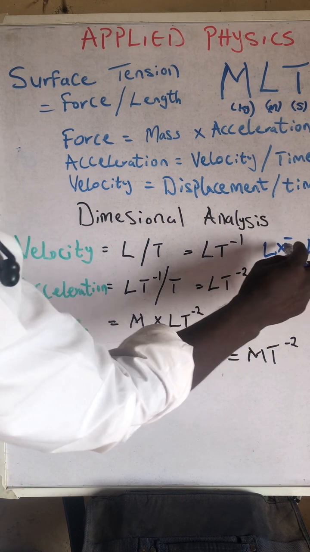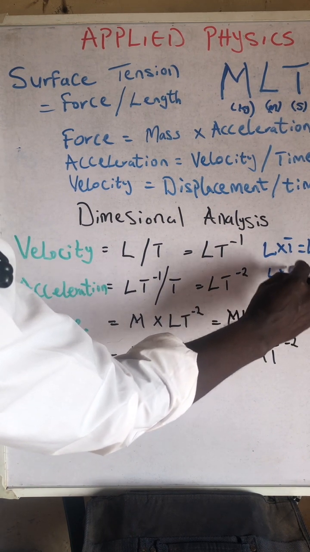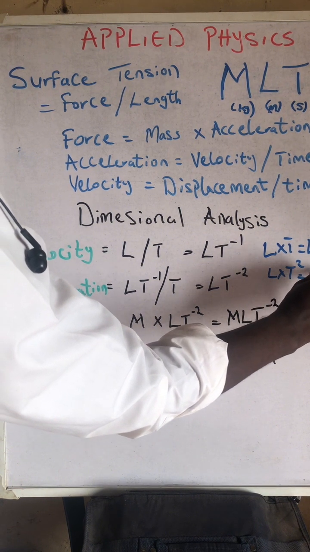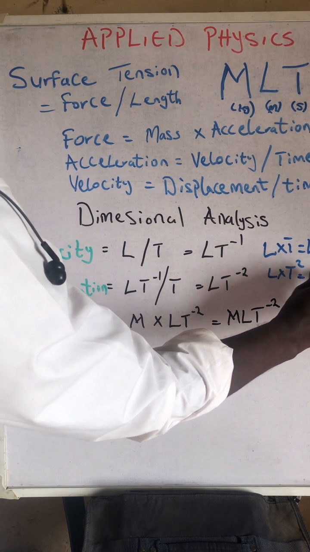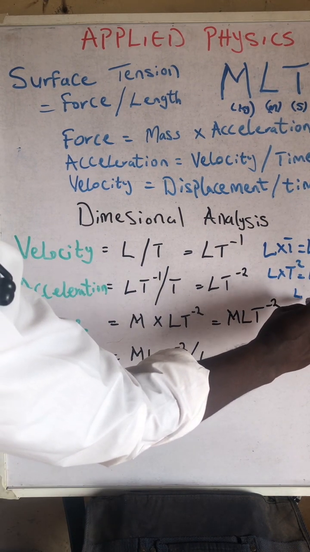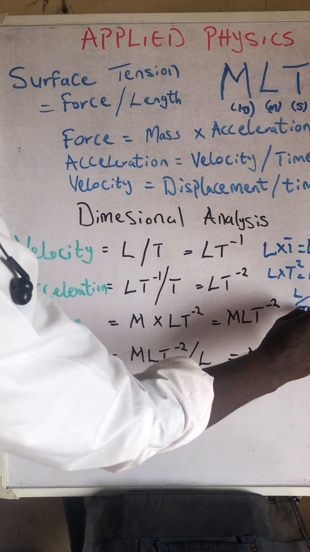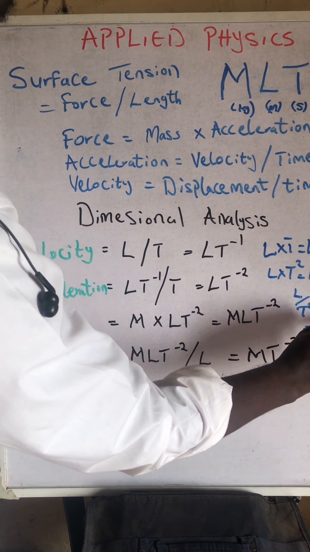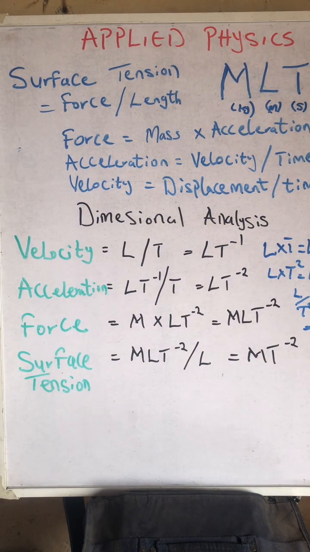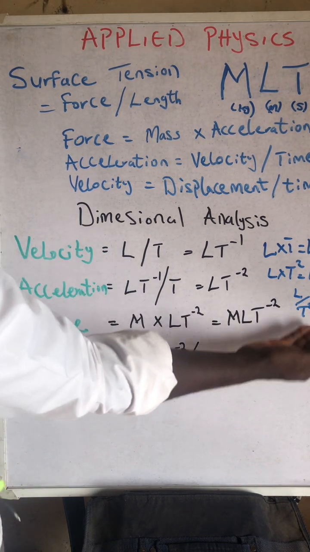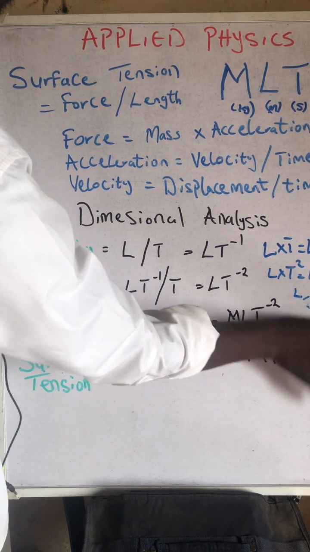If I say L times T raised to the power 2, it will be equal to LT raised to the power 2. There, it will not have a minus sign. But if it is L divided by T squared, this will be LT raised to the power minus 2, because it's a denominator. It's a division sign.